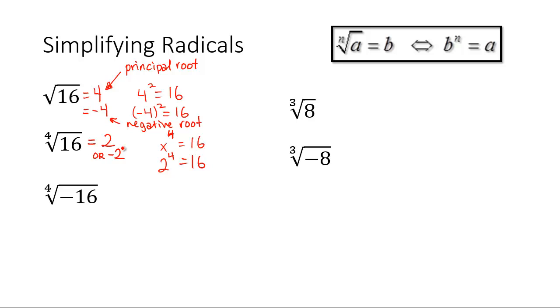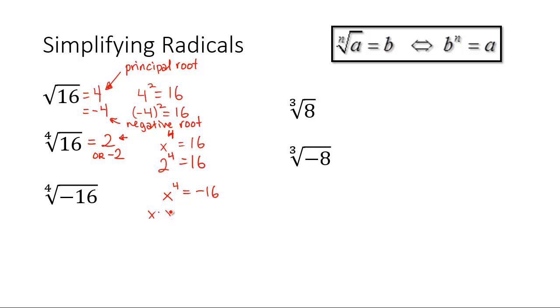it's just a 2. Now, what if you have the 4th root of negative 16? So it's saying x to the power of 4 is negative 16. So we're looking for a number that when we take it to the power of 4, we get negative 16. Well, is that even possible? Think of squaring, or taking to the power of 4, or taking to the power of 6.